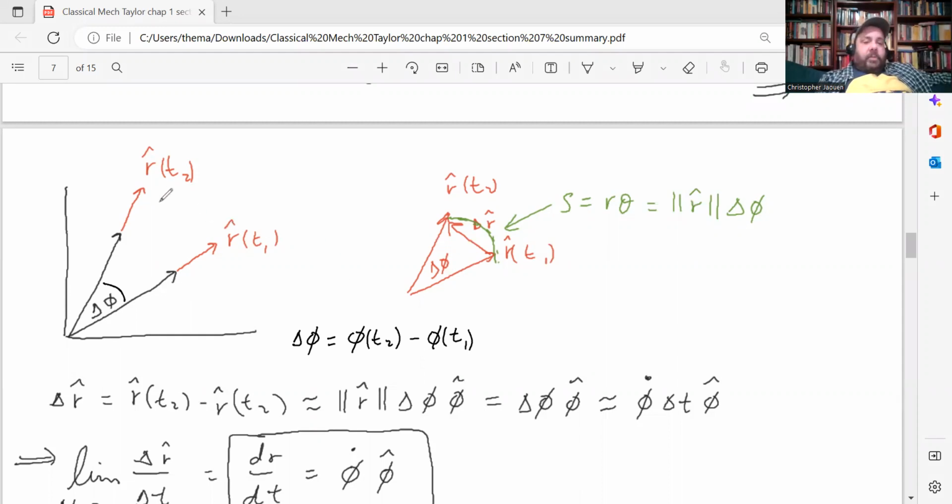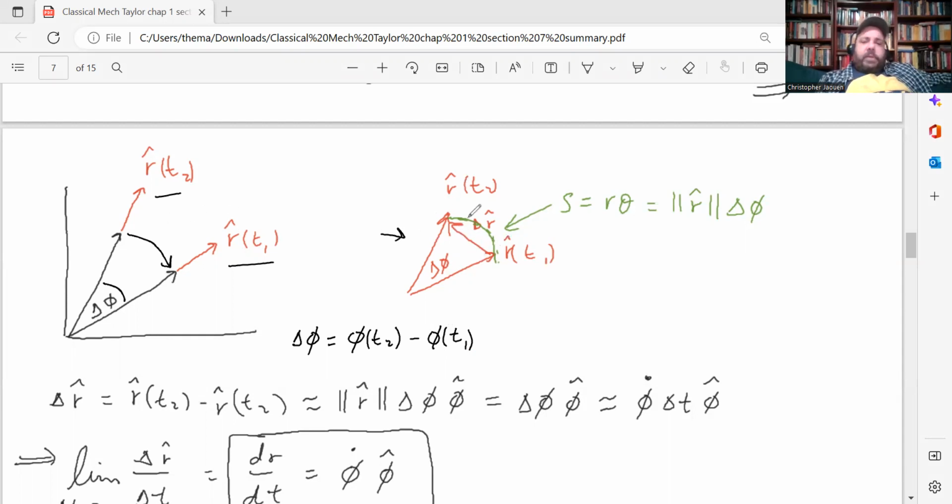Then we have two different unit vectors, right? They point in different directions. So we have r hat t1 and r hat t2. And then just to get a better grasp on the geometry, if we put these two vectors base to base, we get this triangle down here.